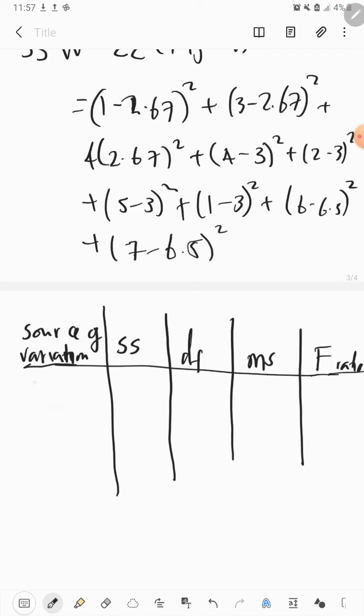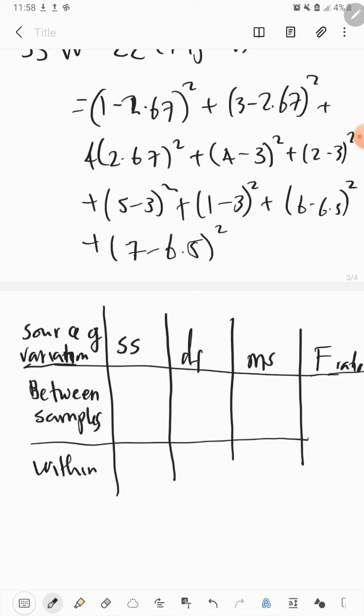Here we have between samples and within samples. So here you put your sum of squares between and sum of squares within, the values that you would have found.